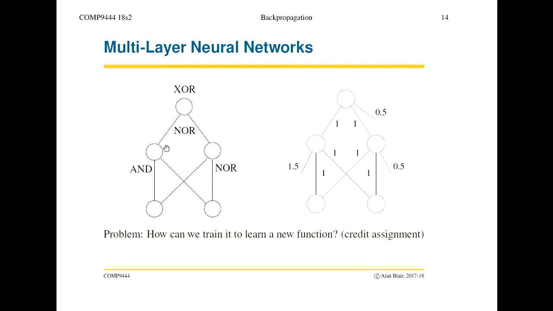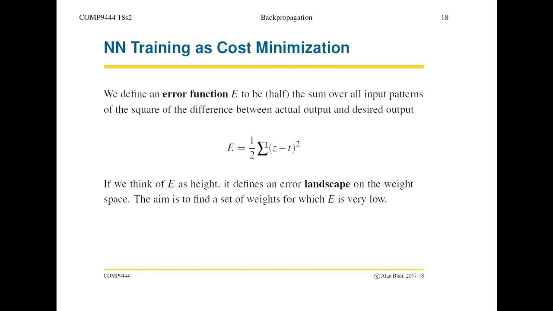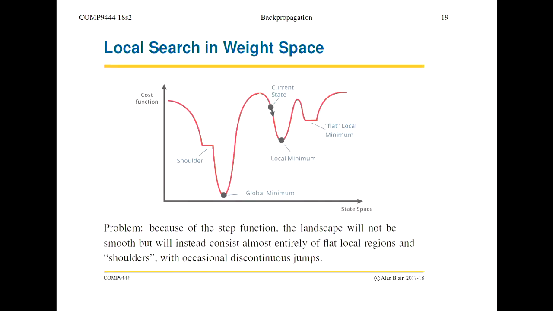There's always multiple solutions that can be obtained by permuting the hidden nodes. And it's actually been shown that there's a certain kind of butterfly effect here, that if I start with certain initial conditions, I may get to one solution.